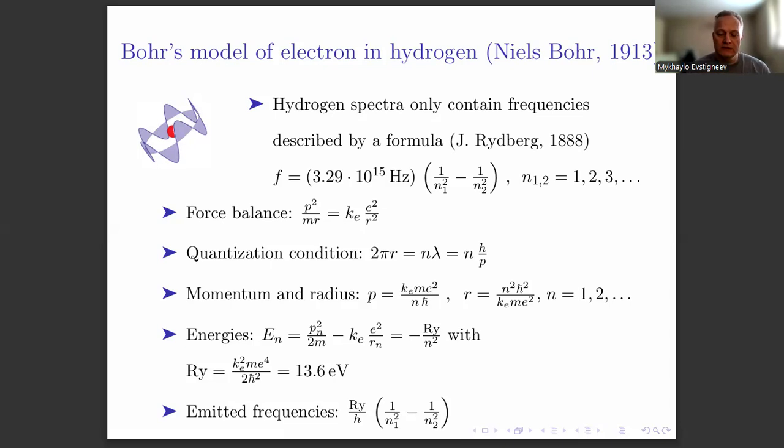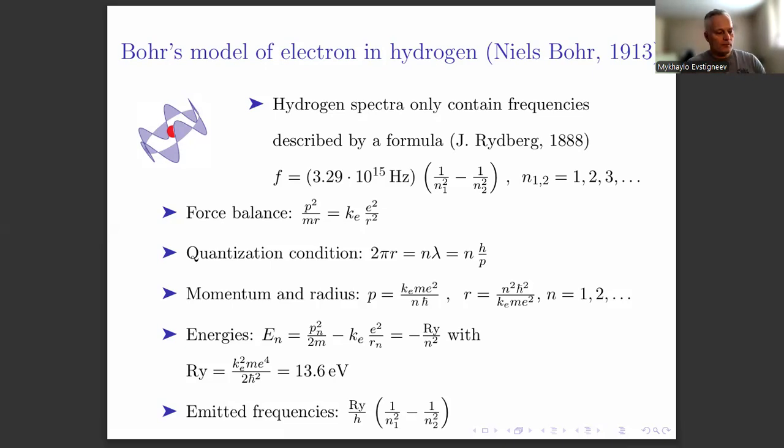Rydberg's formula tells us that the frequencies of emission of atomic hydrogen are a constant, which is 3.29 times 10 to the 15th hertz, times the difference of inverse squares of two positive integers, 1 over n1 squared minus 1 over n2 squared, where n1 and n2 are positive integers, and of course n2 must be bigger than n1, so that this difference is positive.